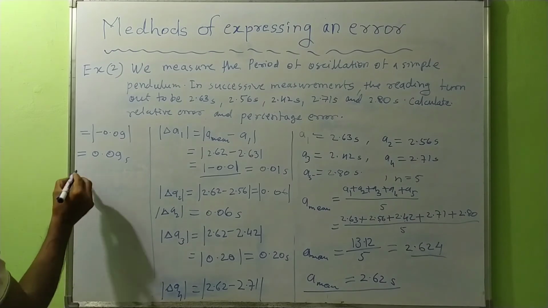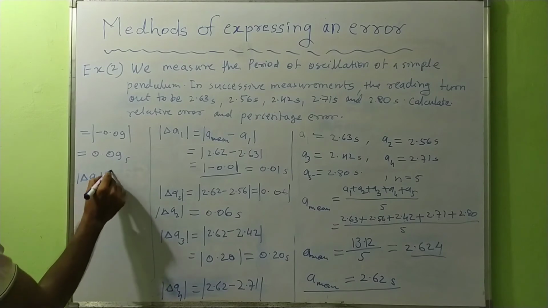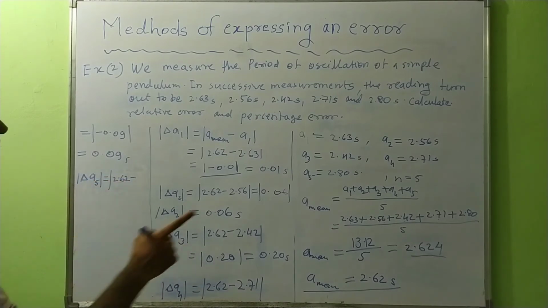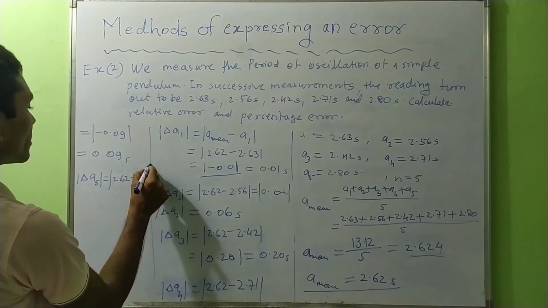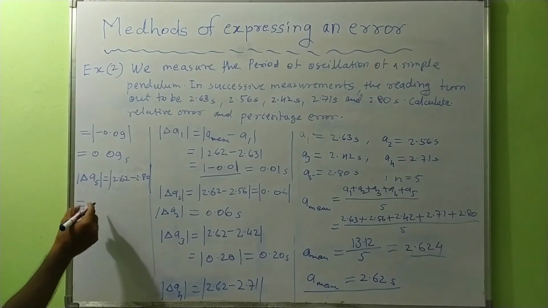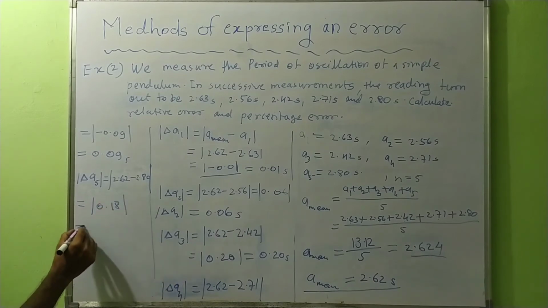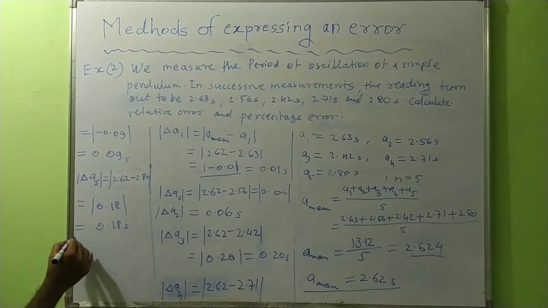Now fifth absolute error, del A5, it will be equal to mean value 2.62 minus fifth reading 2.80. Okay, now what will be here? Modulus 0.18, or 0.18 second will be there.